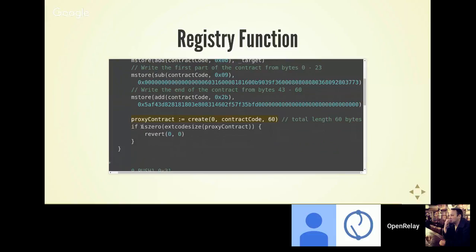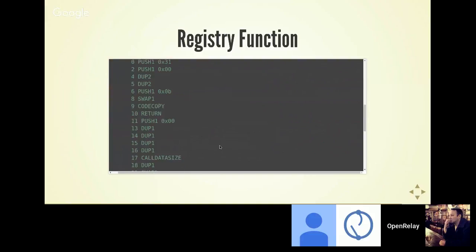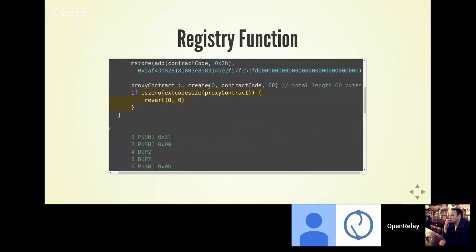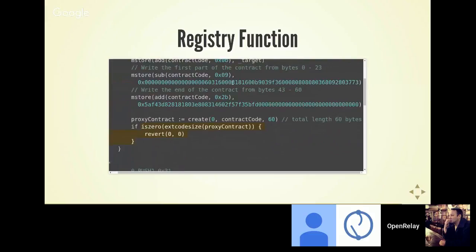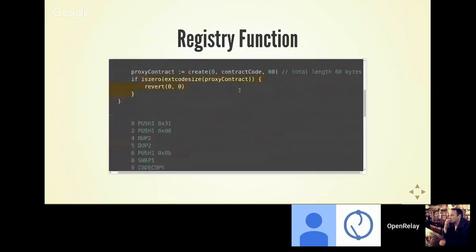If the code in the proxy contract ends up being 0 after we've deployed, then we're going to revert the transaction, and that is the deployment of our contract. For anybody wondering what that's doing, these are basically the opcodes that correspond to this seemingly random junk that we just wrote into that 60 bytes.